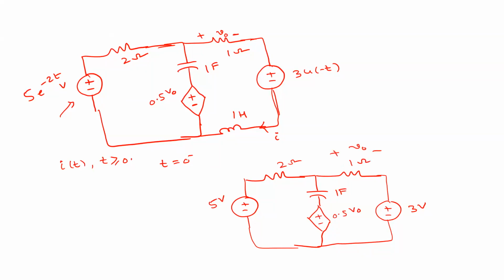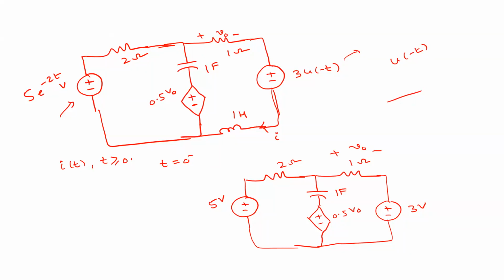Sir, in the question, that 3u of minus t, what does that minus t mean? So we already discussed this, right? u of minus t means the switch is on from minus infinity up to 0. From 0 onward, the switch is open, right?